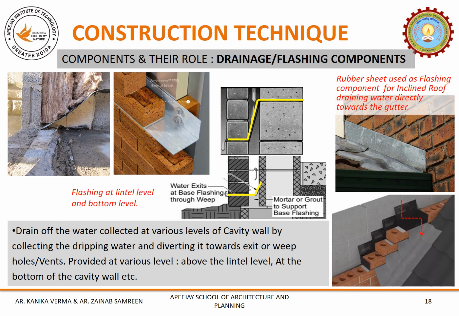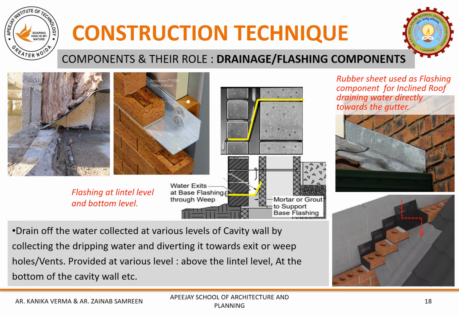There are certain aspects which one needs to observe and note about the flashing component. First, it should be placed at an angle so that no water collects on it, and secondly, it should be attached to the exit given for the water, like weep holes or weep vents.